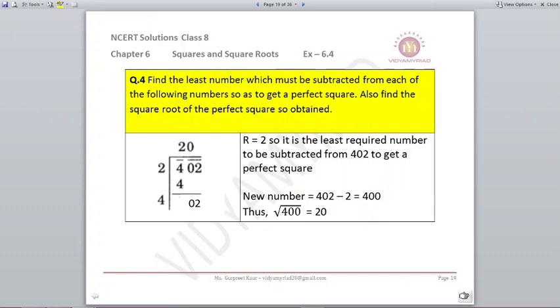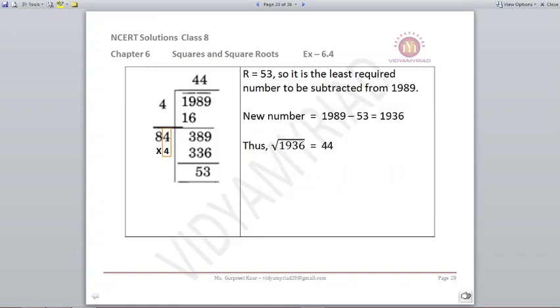So whatever remainder we have for a subtraction case, we will just subtract it from the main number. What is your number? 402. What is your remainder? 2. Just subtract it, you get 400. And what is the square root of 400? The number which is there in your quotient, that is 20. So 400 square root will be 20.